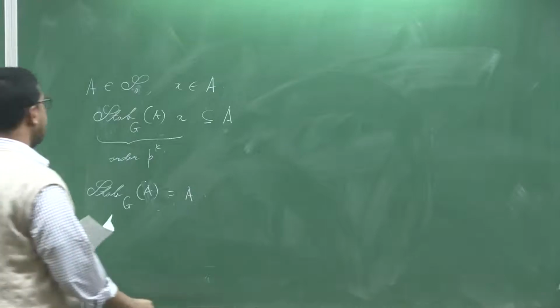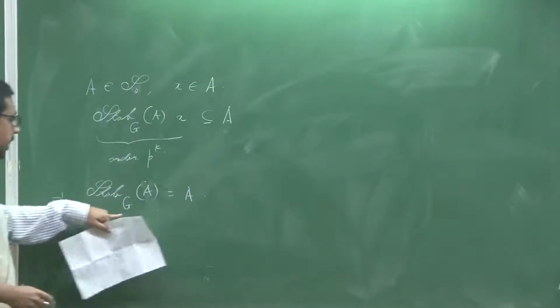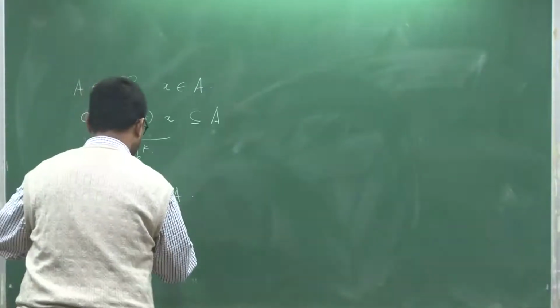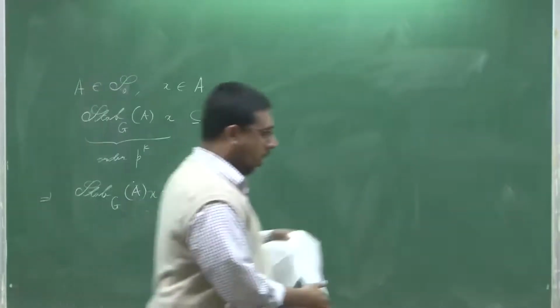So thus we have seen that if A belongs to S naught, A must be a right coset of a subgroup of order p to the power k.